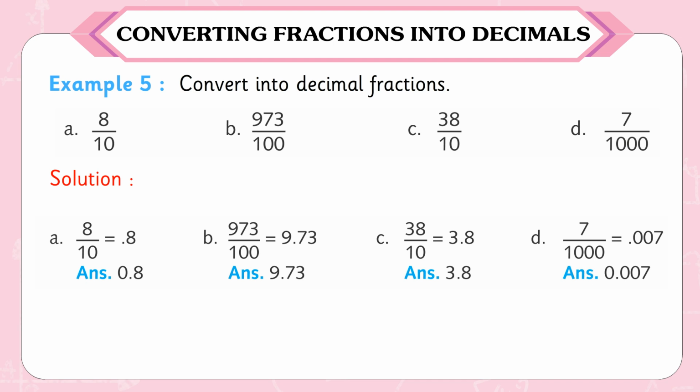B. 973 upon 100 is equal to 9.73. Answer. 9.73. C. 38 upon 10 is equal to 3.8. Answer. 3.8. D. 7 upon 1000 is equal to 0.007. Answer.